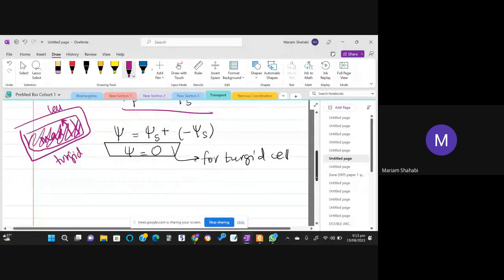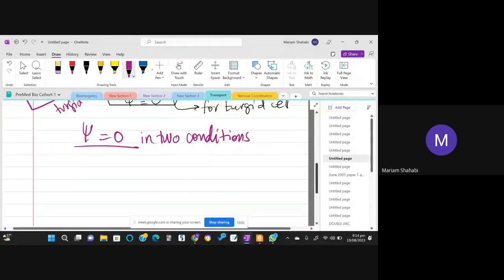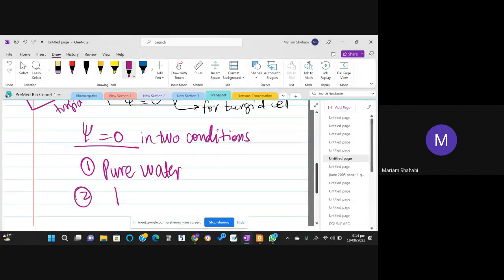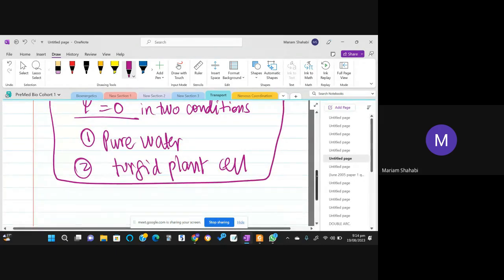And this also means के water potential is zero in two conditions. जहाँ पे यू हैव प्योर वाटर इन अ कंटेनर या फिर एक टर्जिड प्लांट सेल है. Just remember this and remember the equation.